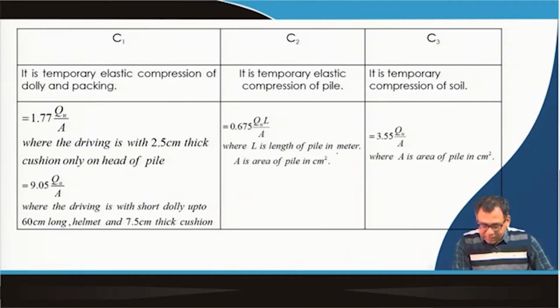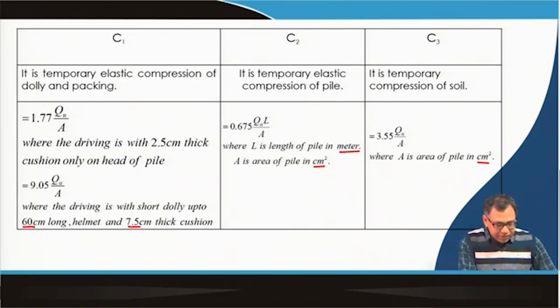L is the length of the pile in meter, and area is in centimeter square, because for these empirical equations you have to use the proper units. So, this is centimeter square, this is meter, this is centimeter square. So, here also this is centimeter, this is centimeter. So, that you have to apply here.